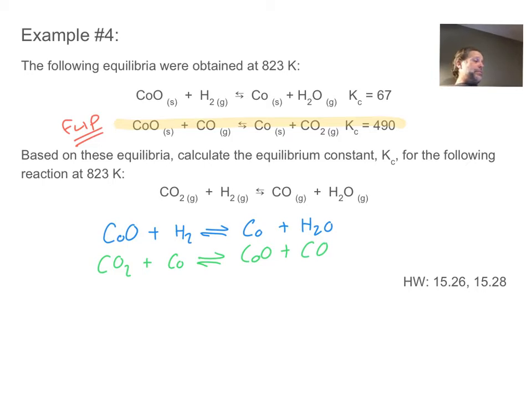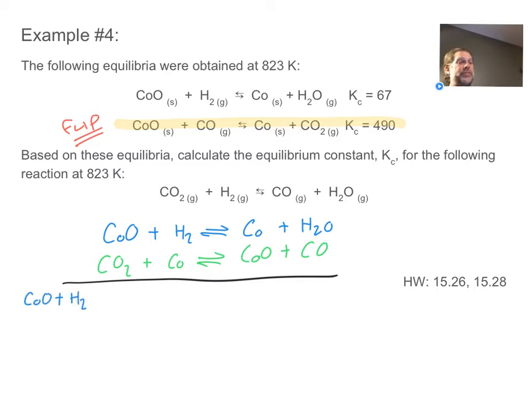Okay. So now when I go to smush this reaction together, a couple of things I see. I see that cobalt oxide plus hydrogen plus carbon dioxide plus cobalt at equilibrium will make cobalt plus water plus cobalt oxide and carbon monoxide.